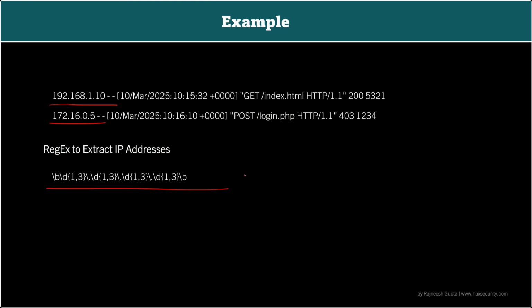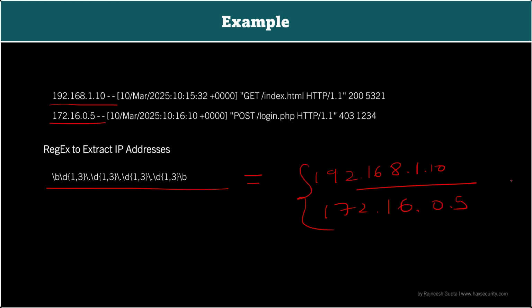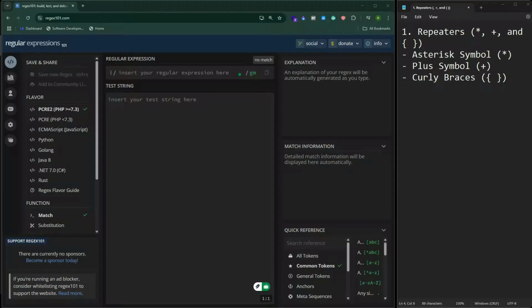Just understand this will give me the result of the IP addresses 192.168.1.10, and the second would be 172.16.0.5. So this will give me the relevant information. How exactly this regex works and what these patterns are, we will talk about each of them in detail. All right, so let's begin with the very first regular expression concept, and it is repeaters.